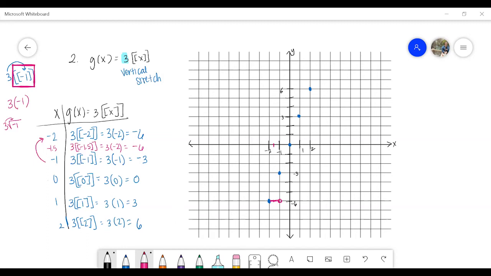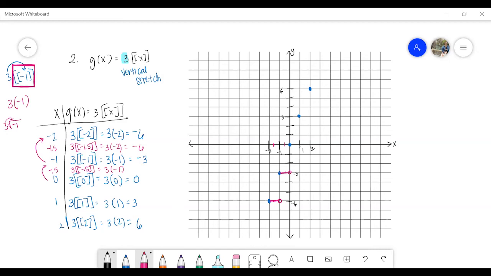Again, what happens between 0 and -1? Half points are nice to work with, so let's go with -0.5. 3, we've got that -0.5 in the step function, becomes 3 times -1 as well, because the greatest integer below -0.5 is -1. So even at -0.5, we're here at this value. So again, they all are going to agree with each other, and then this will be open.